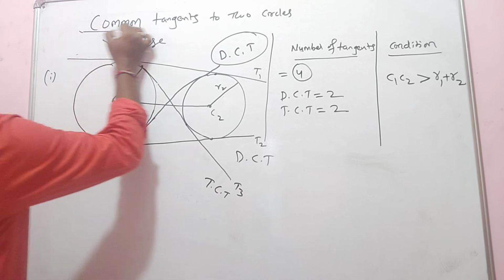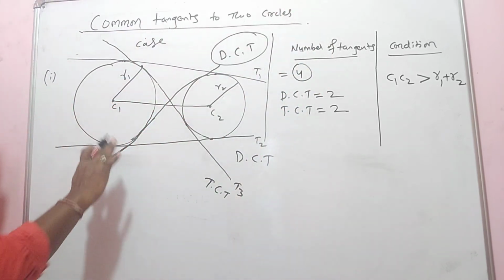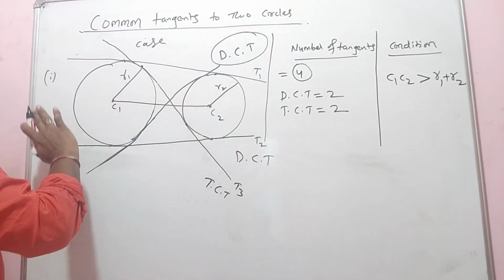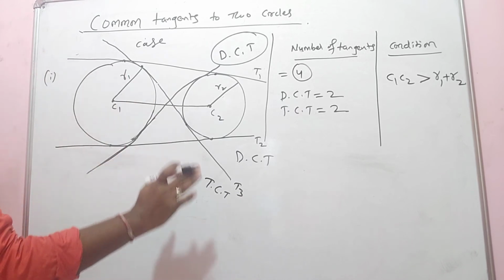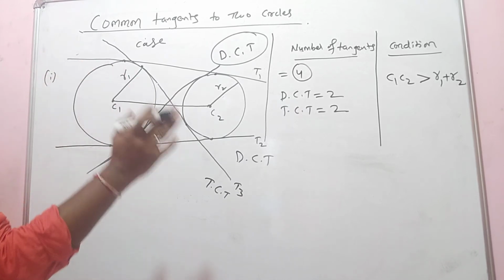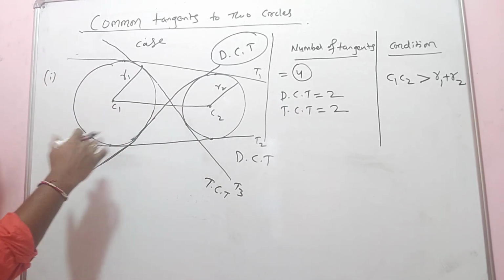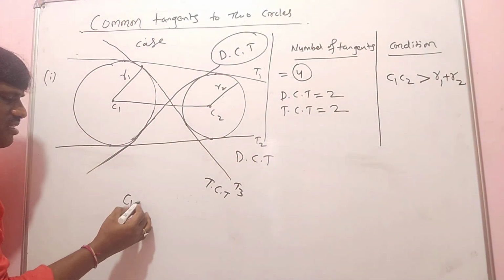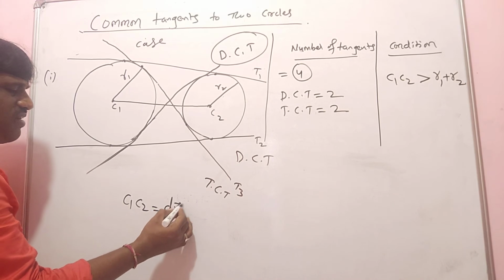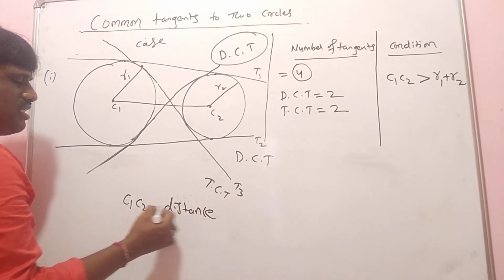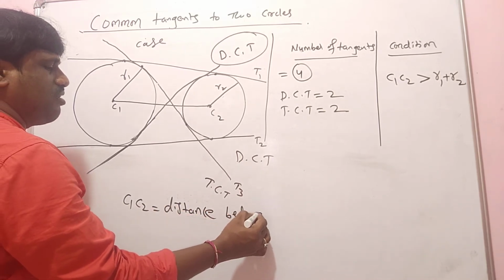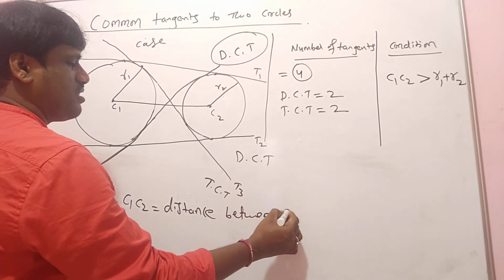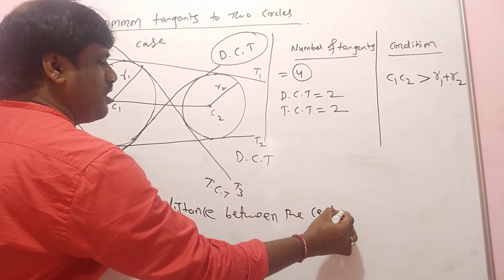Whenever you have a case like this, you have to know that C1C2 is greater than R1 plus R2. C1C2 does not mean a product. This is the distance between the centers of the two circles.